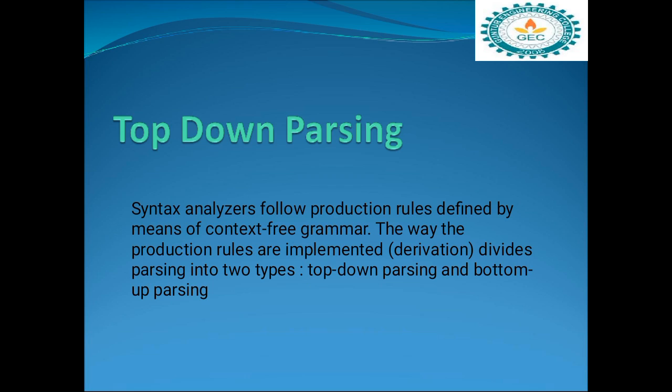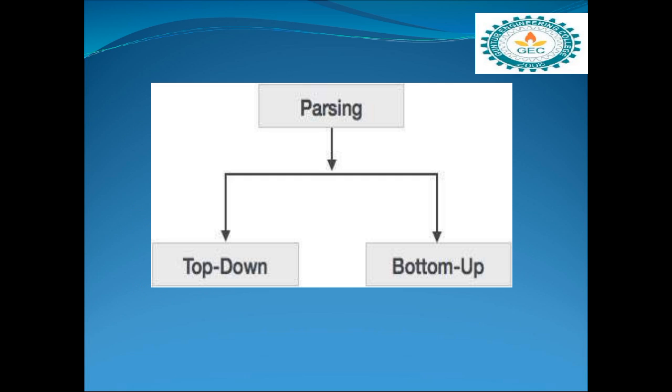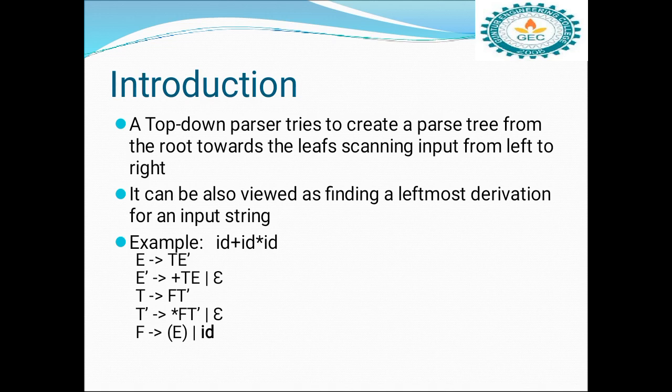So in the syntax analyzer phase there are two types of parsing techniques. The first one is the top-down parsing technique, and the next one is the bottom-up parsing technique. In this video, we will discuss only the top-down parsing technique.